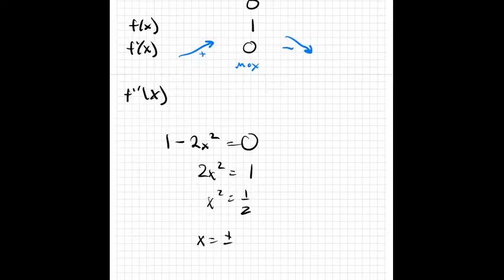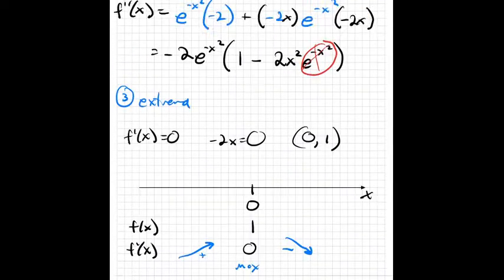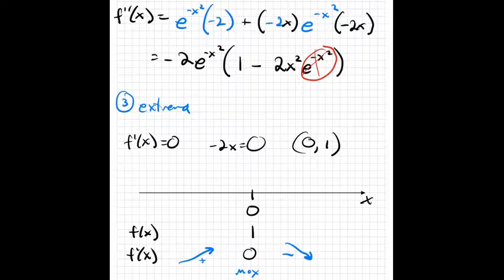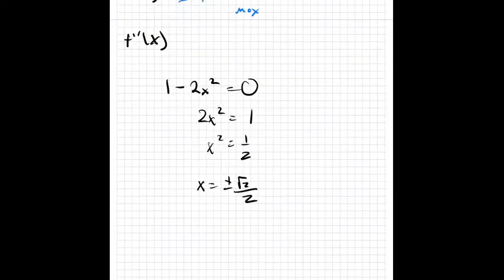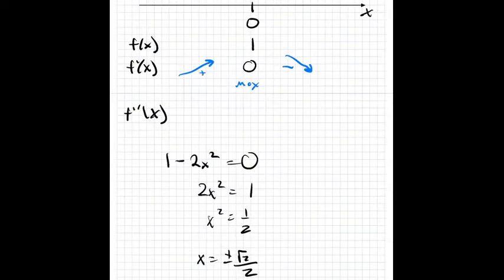Okay. I know we're a little bit over time. Okay, so now we set the second derivative to 0. So then our point of inflection, this is like 0.07. Okay. So we can have a negative root 2 over 2 and a positive root 2 over 2. Okay, that's better. Let me see.